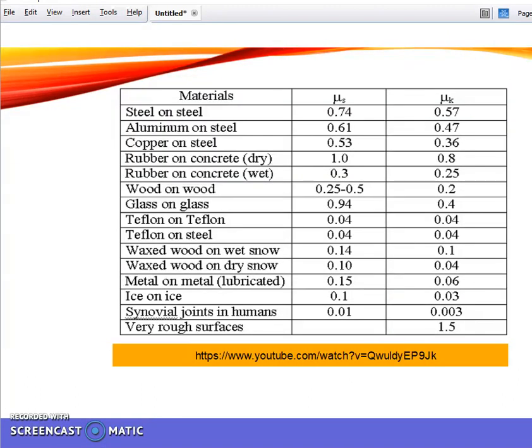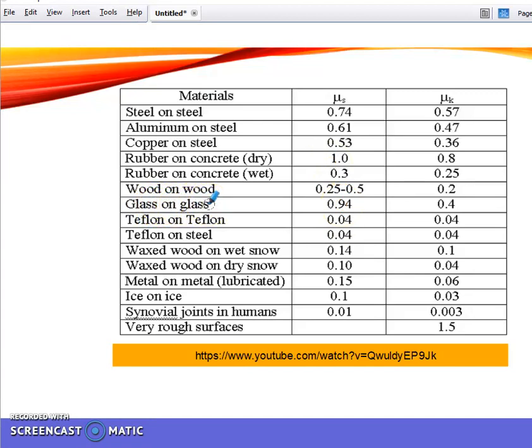Now, as I said before, different materials have different mu's. Take, for instance, steel on steel. We have a static friction of 0.74 and a kinetic friction of 0.57. And if you notice, all of these numbers are pretty high. 0.7 is pretty high. 1 is definitely very high. 0.9 is very high, glass on glass.